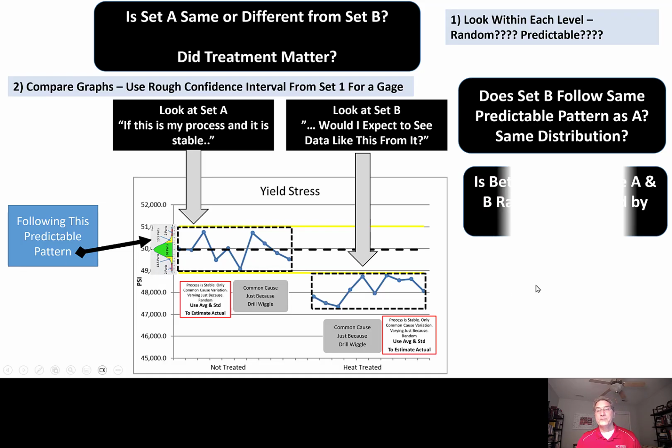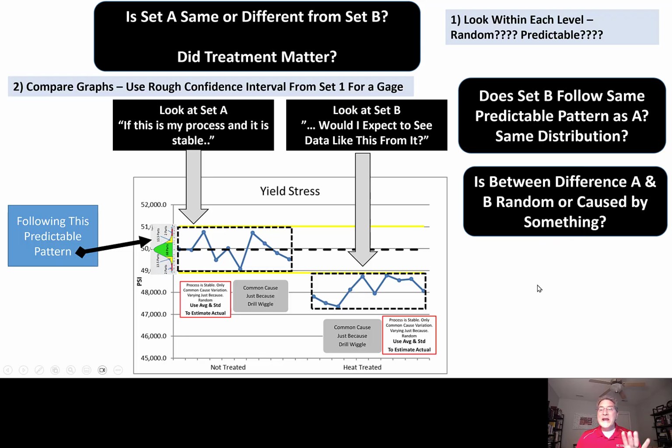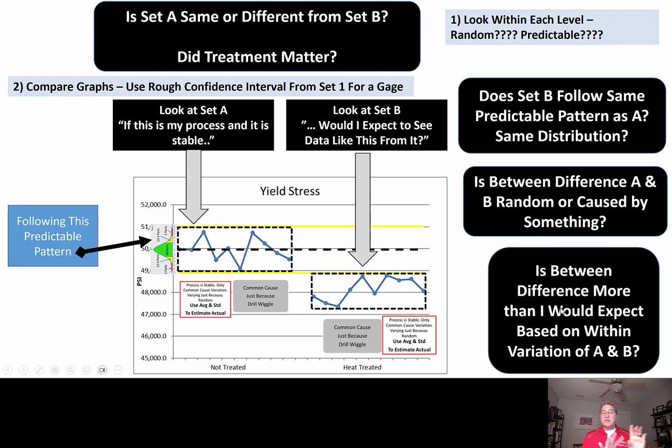No, it doesn't. Is the between difference in A and B random or caused by something special? Between here and here, I had this much variation here, I had a lot more down. No. Is the between difference more than I would expect based on the variation within A and B? It's all saying the same thing. Is this one population or two? And I think we can clearly see here it's two.